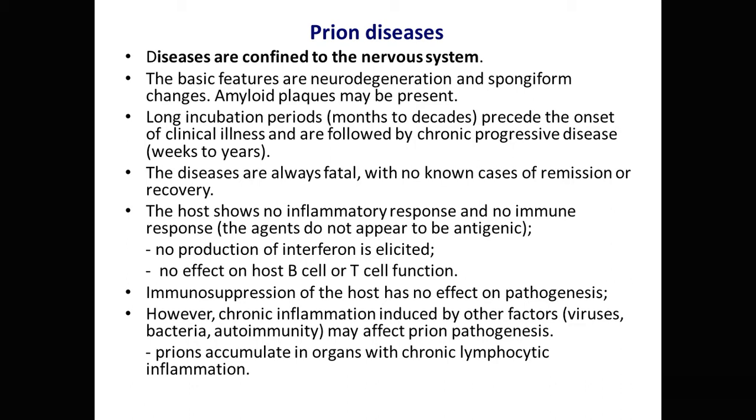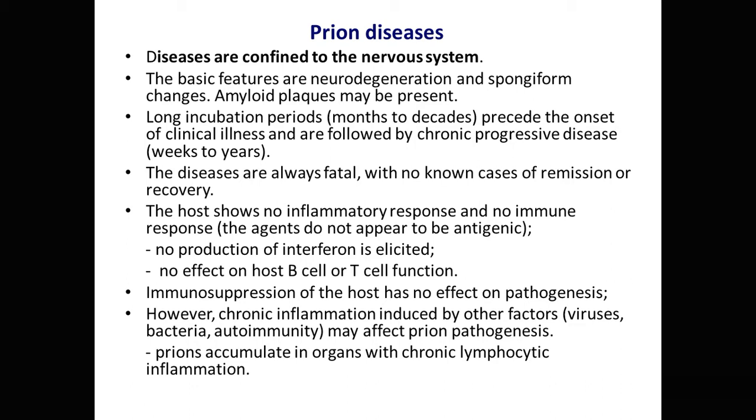During prion diseases, we don't see any inflammatory response or immune response because our immune system considers prions as our own proteins, and they are not antigenic. We don't have production of interferons, no B or T cell response, and consequently immunosuppression of the host doesn't have any effect on pathogenesis.